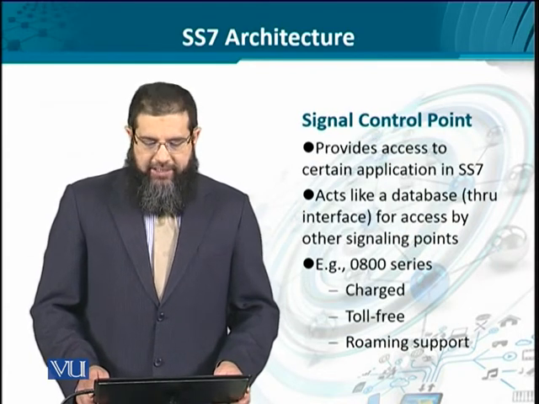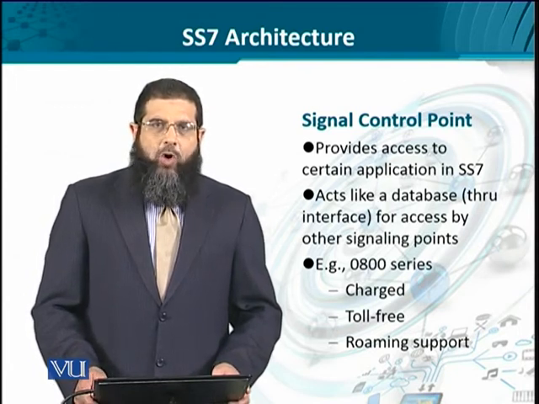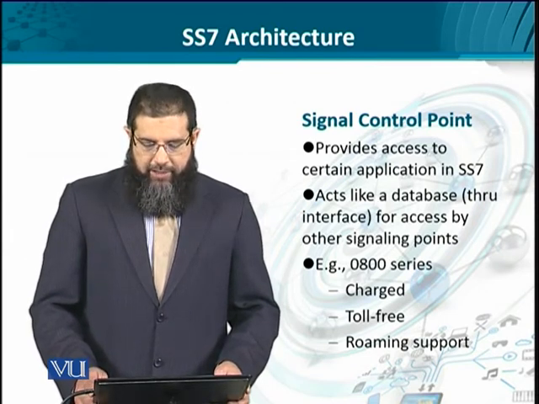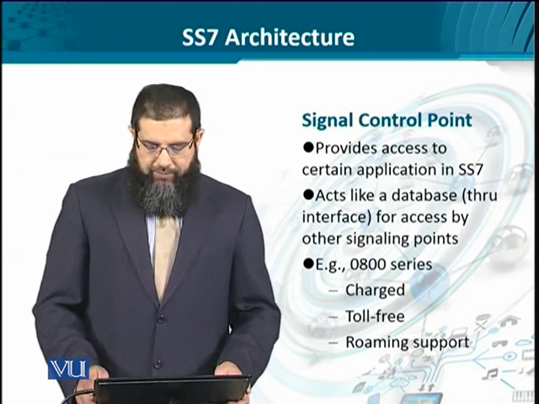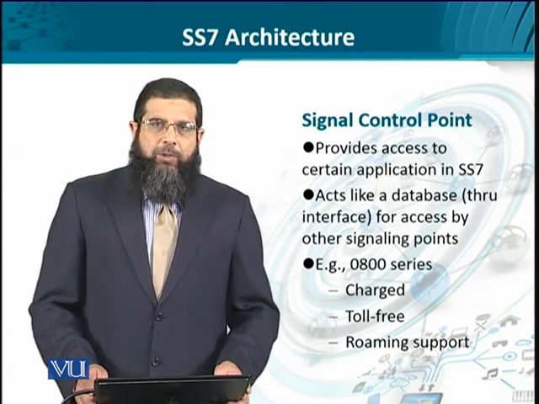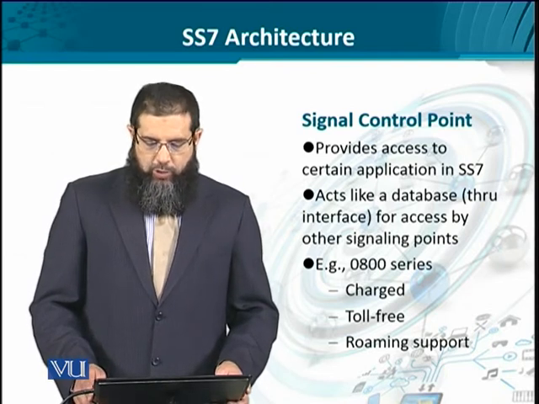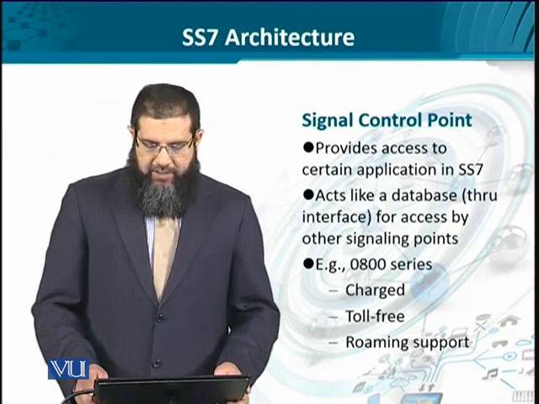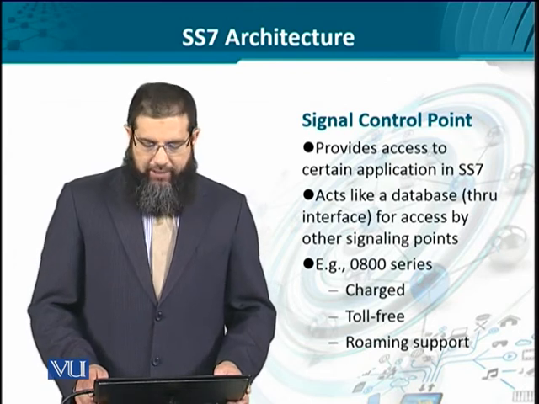Another important entity that may not necessarily always be used in establishing a call between two telephones is the signal control point. It provides access to a group of applications in SS7. As we know, applications are usually considered to be placed at the application layer in the ISO OSI reference model. So the signal control point is more like a database application that is used to provide certain common services used in a telephone network.